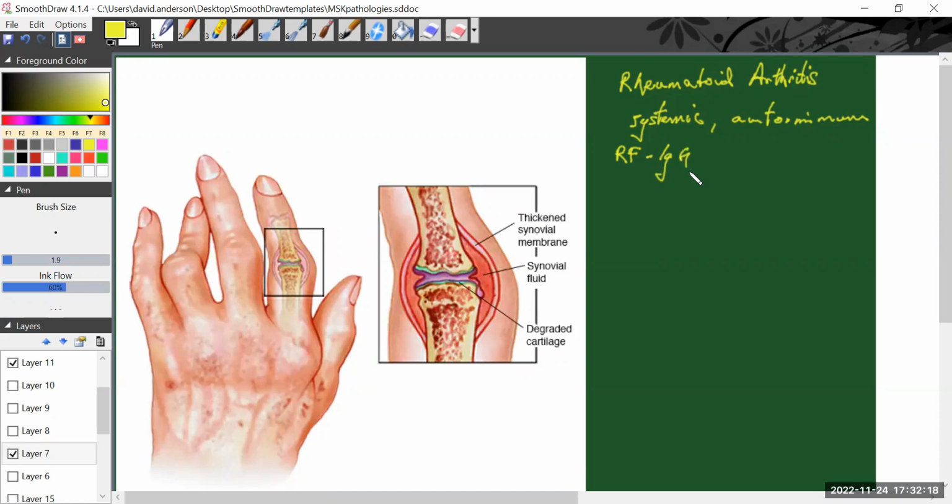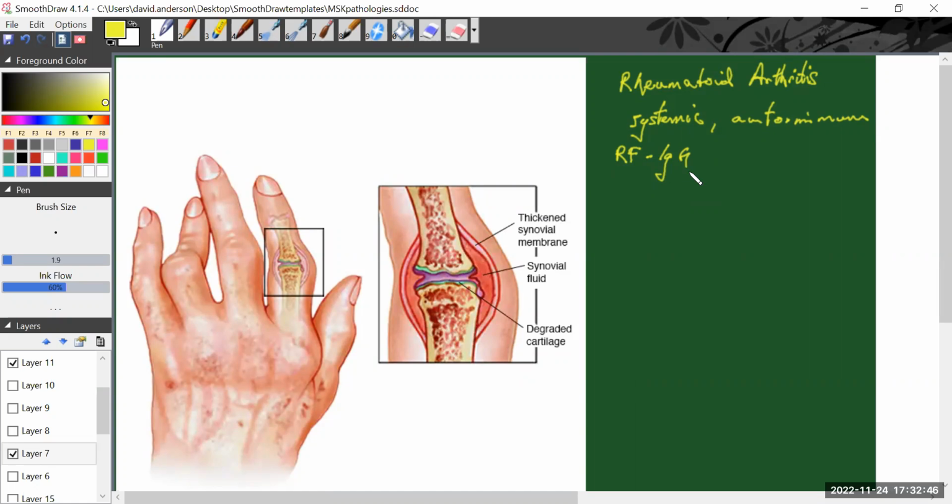So these rheumatoid factor IgG complexes target the synovial tissue. And as a result, T cells and B cells and macrophages are activated. B cells are the ones that produce the rheumatoid factor in complex with the IgG, and they become an autoantibody. So that's where the autoimmunity comes from.